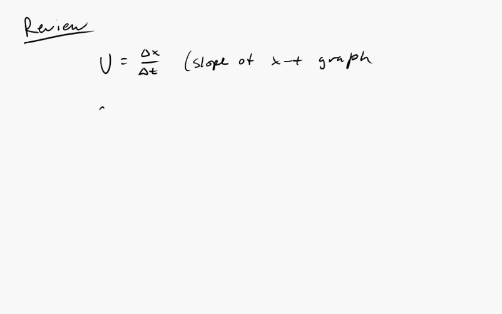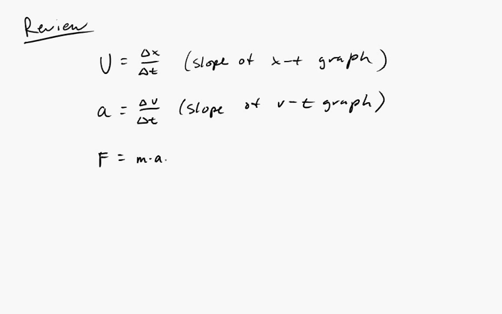Acceleration is the change of v over change in t, and that is the slope of the vt graph. Lastly, force is mass times acceleration, or it could be written as the sum of the force vectors equals mass times acceleration.